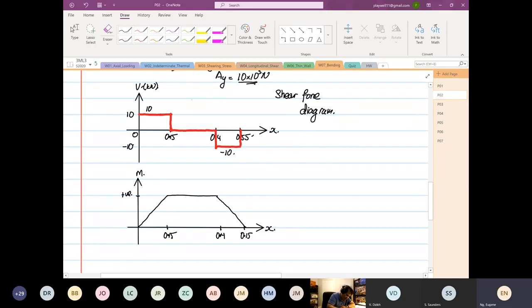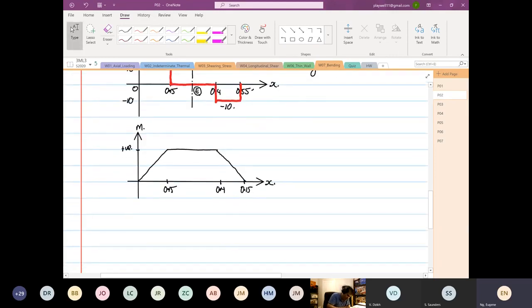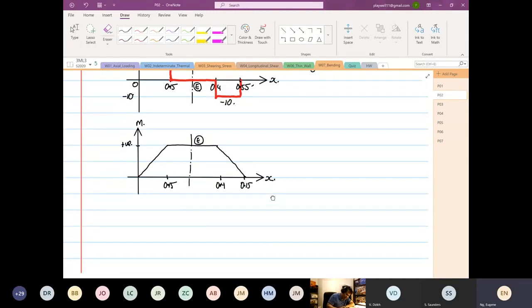So at this point, this is what we call our point E. At point E, what is that moment? Why I pick point E: because it's at point E where it's going to fail. So we are going to do static analysis.